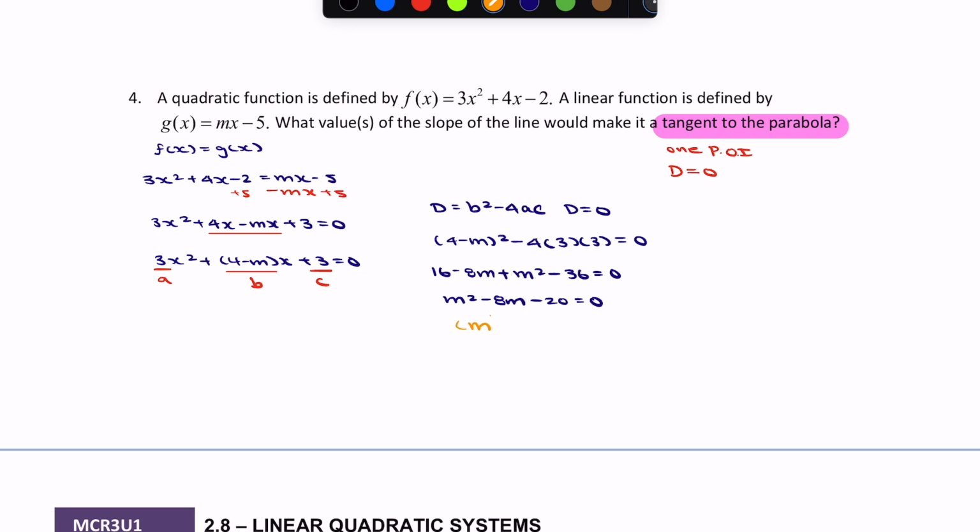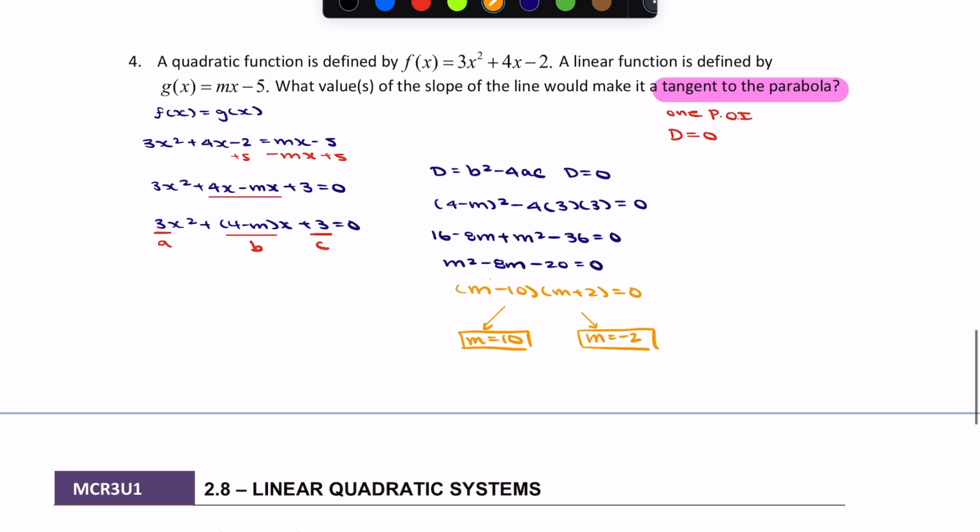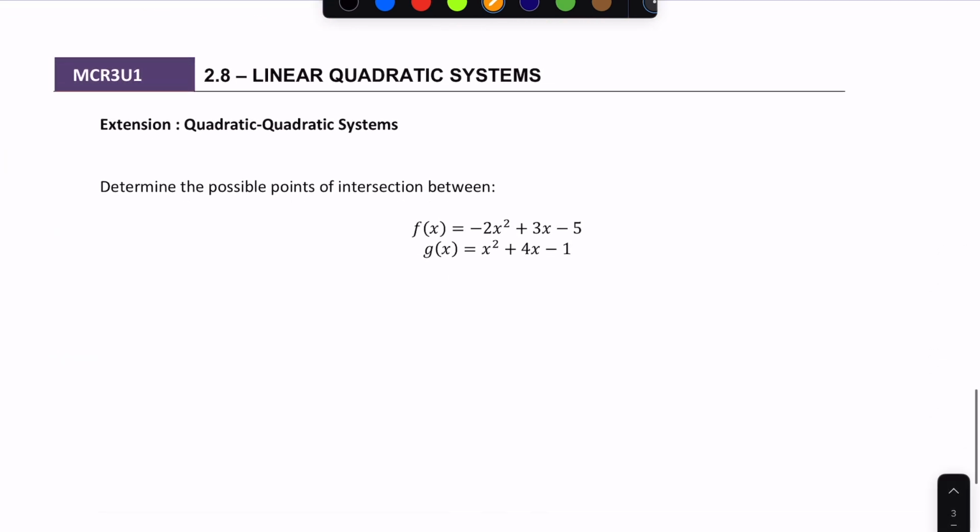So if we factor this, we'll get (m minus 10)(m plus 2) is equal to 0. So two answers here are m is equal to 10 and m is equal to negative 2. So again, both these answers would make the slope of the line, m equal to 10 or m equal to negative 2, tangent to the parabola.